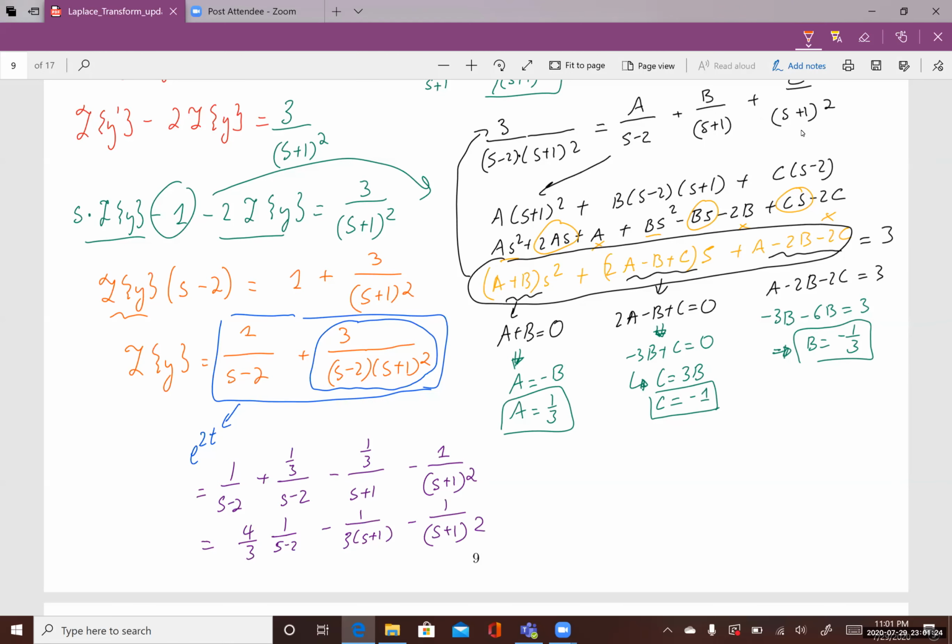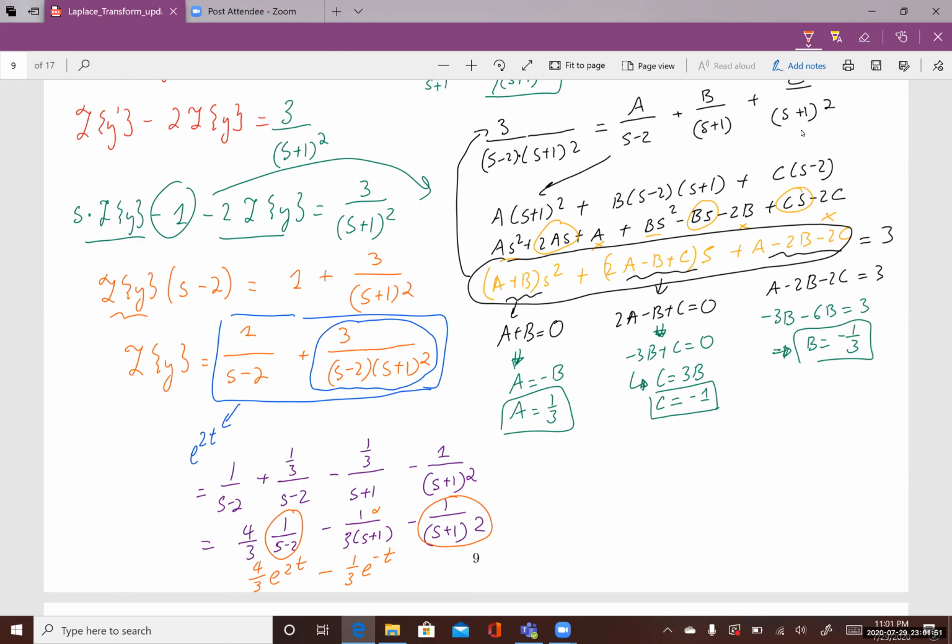And you can recognize that this is e to the 2t, times 4 over 3, okay? And this is the form of, again, e to the alpha t, where alpha equals negative 1. So it's going to be 1/3 e to the negative t. And this is the form of, as you remember, (s plus 1) squared, right?